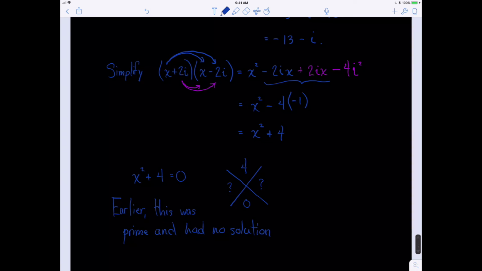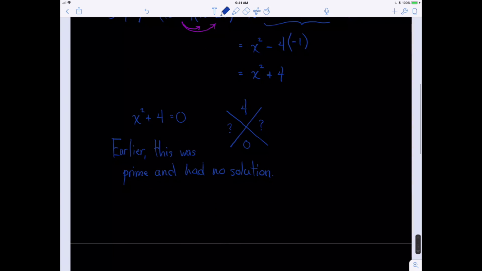But now look at what we find. Well, the sum of squares, and let's notice that you can write this as x squared plus 2 squared equals 0. So now with complex numbers, a sum of squares can now be factored.